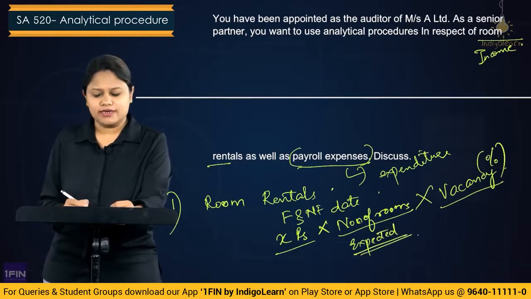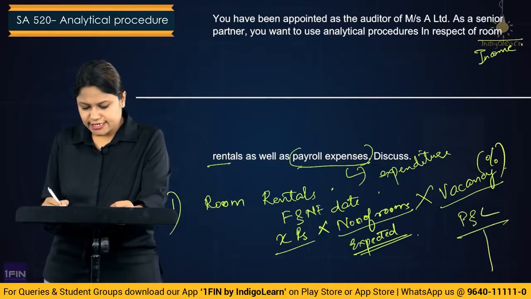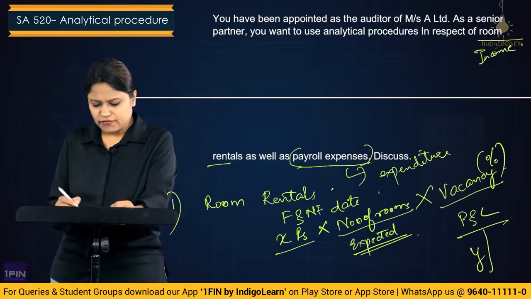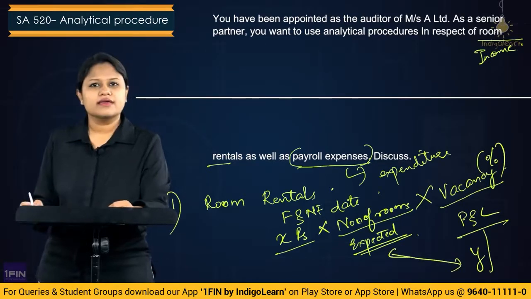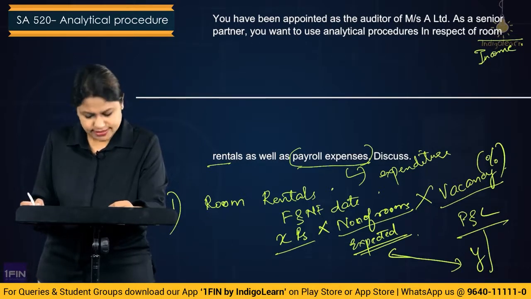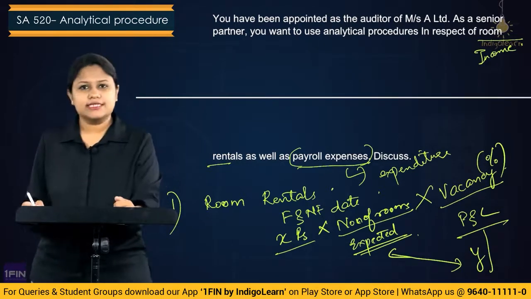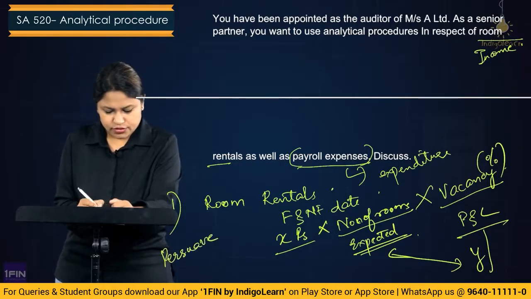You have a figure appearing in the P&L statement. Suppose here it has been given as Y amount. So obviously you will do the comparison with what? This and this. Correct? So you could perform the analytical procedures on the room rentals, but according to me, this would be a persuasive audit evidence. Persuasive audit evidence.